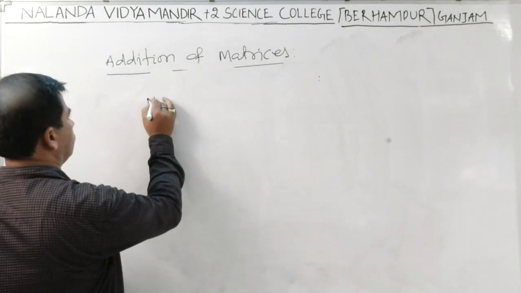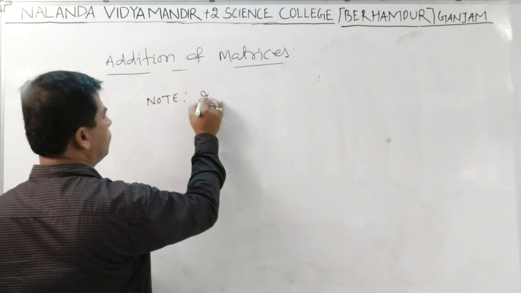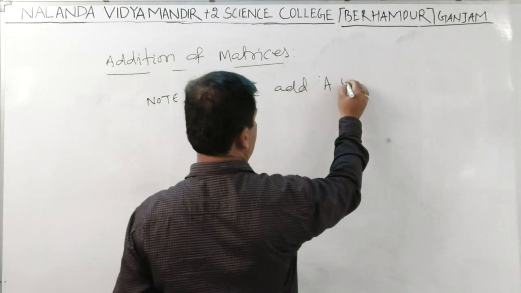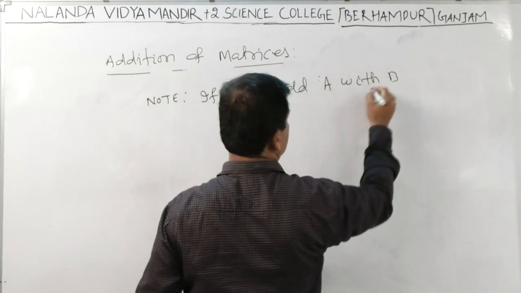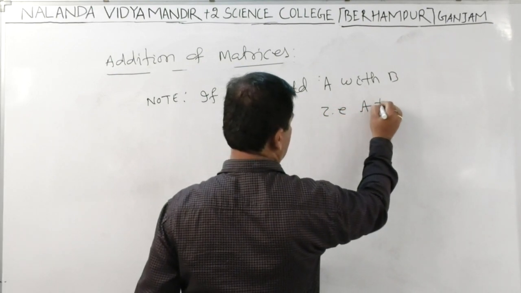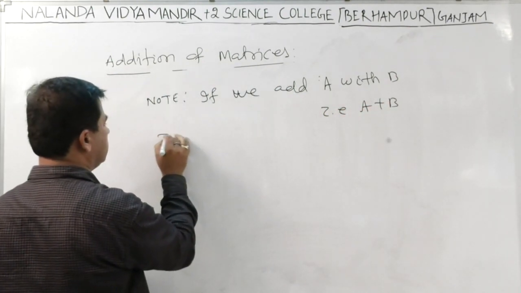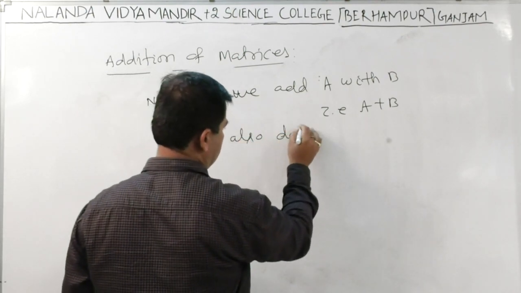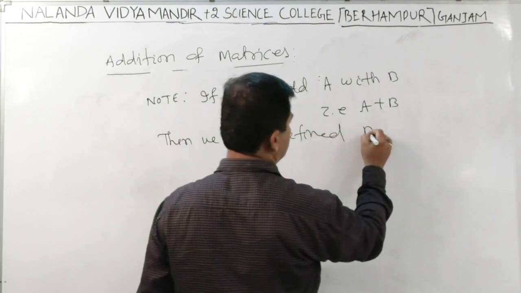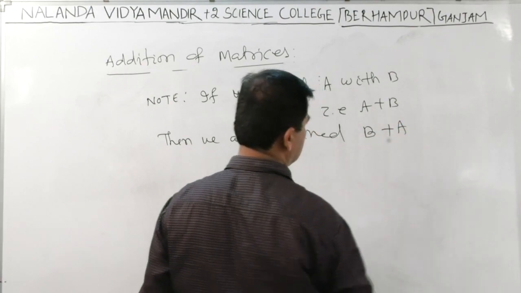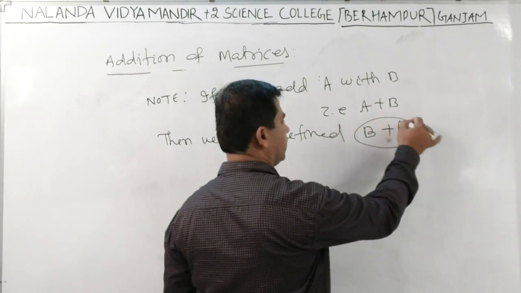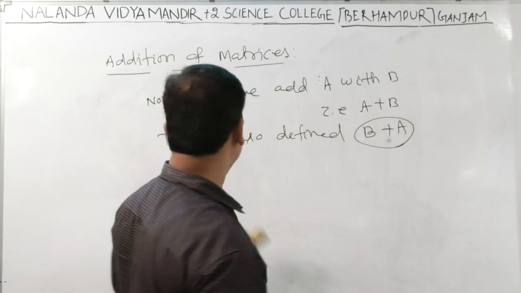Note: if we add A with B, that is A plus B, then we also define B plus A. If A plus B is defined, then B plus A must also be defined.